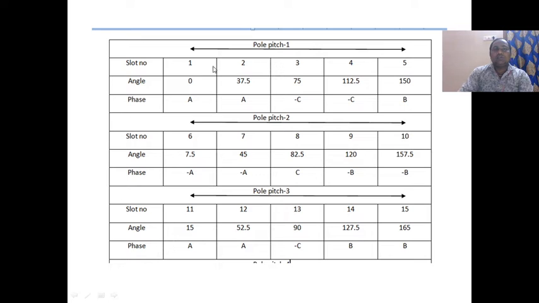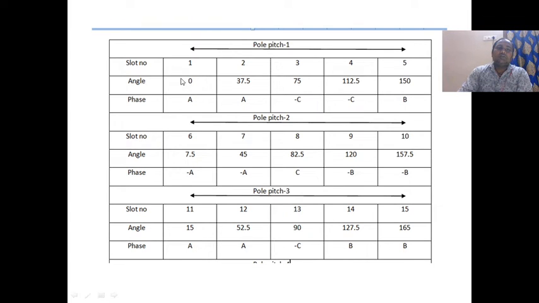So first, start with the number of slots, 1 to 5 slots. Every pole pitch must be below 180 electrical degrees. The first angle starts from 0.